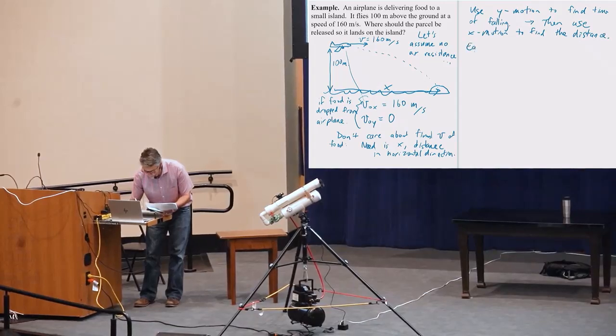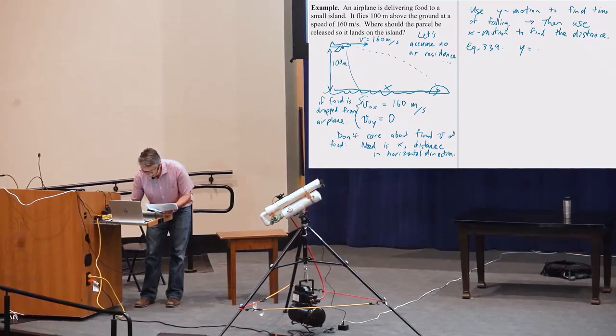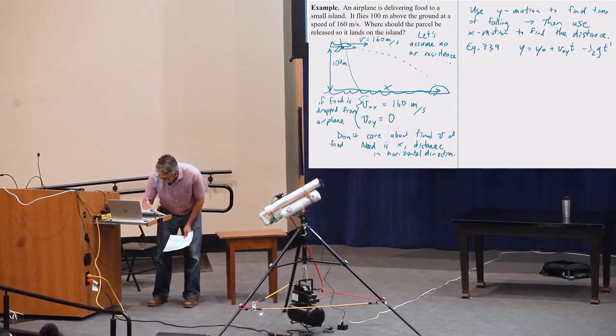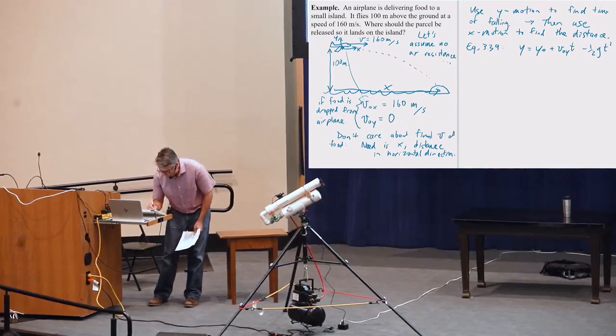So equation 3.39 says that y is equal to y0, I didn't define my origin, plus v0y times t minus 1/2 gt squared. So why don't I do this? I'll put the origin up at the beginning. So this is y and this is x. Origin.